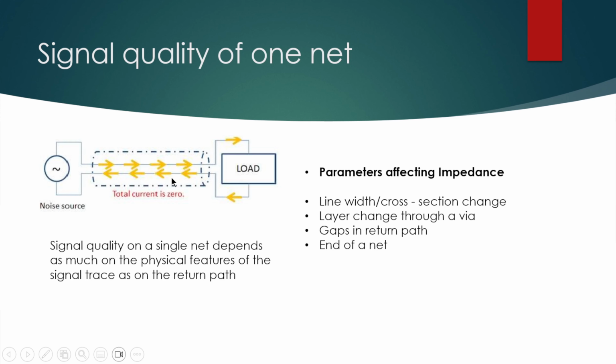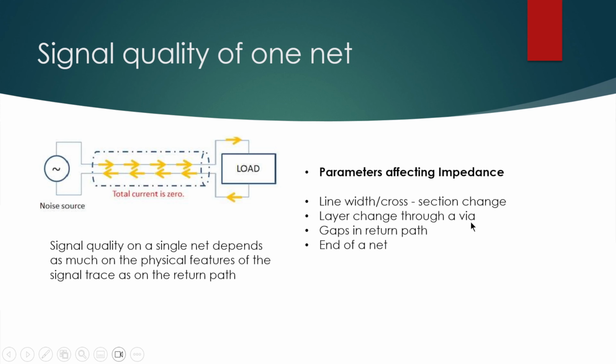Since we know that impedance is the major culprit affecting the signal quality of a net, let's look into the parameters which affect this impedance. You may already have some idea of what these parameters are, so I have listed them here. They include any width changes, thickness changes or cross section changes for a wire, and the layer change through a via.